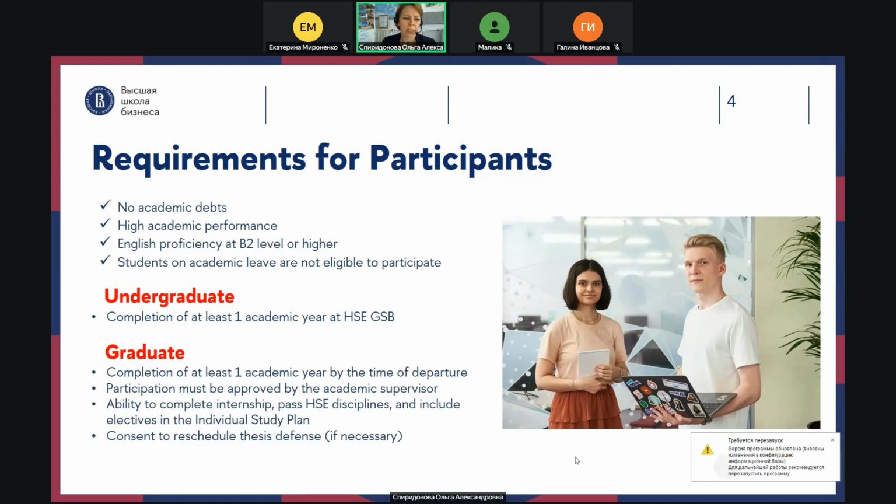Also for masters, participation in the program should be approved by the academic supervisor, and there should be an ability to complete the internship, and you have to pass all disciplines and include all electives in the individual study plan. And of course, sometimes you have to reschedule your thesis defense, it can happen also. So be ready for that.